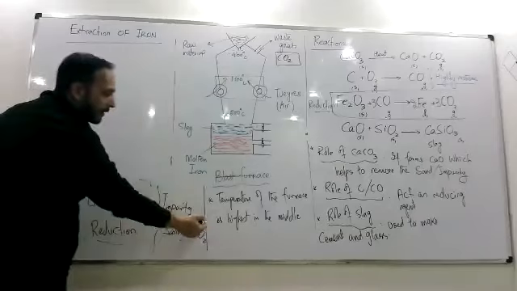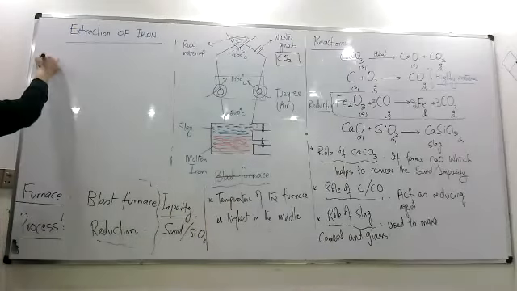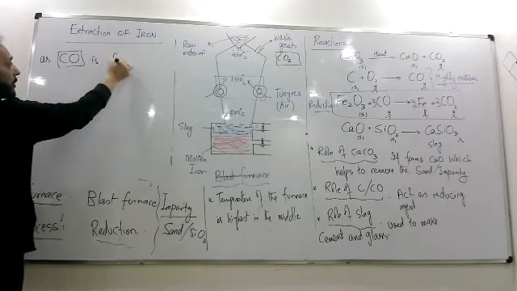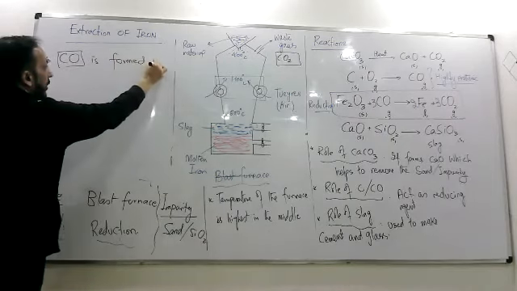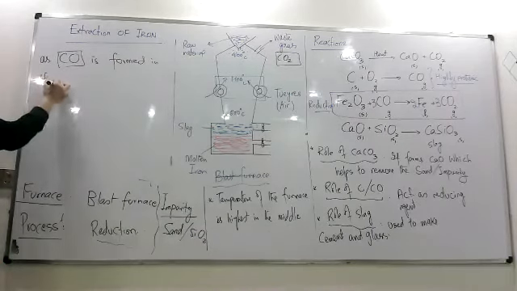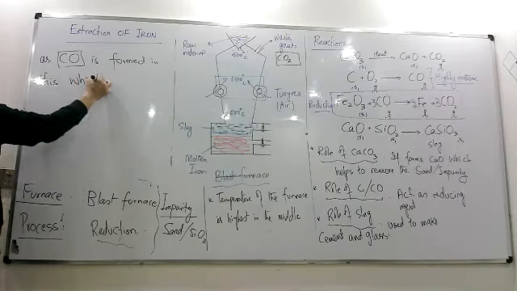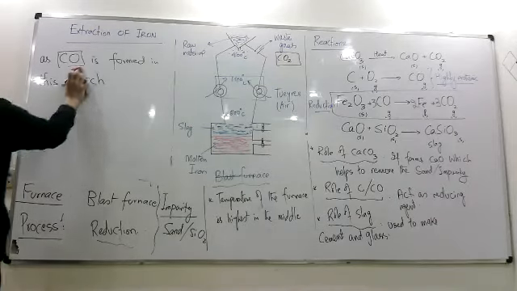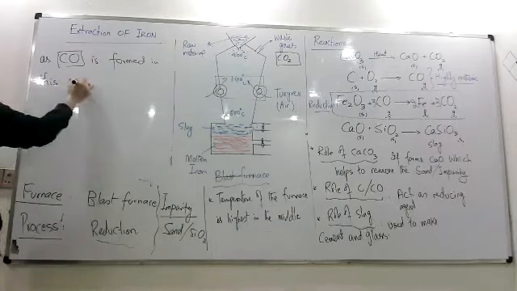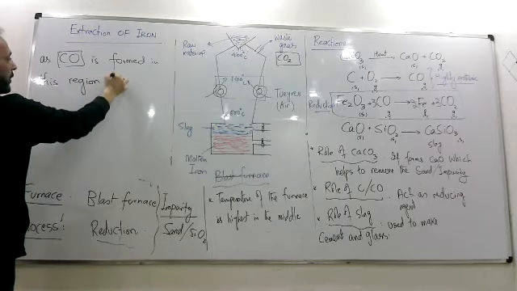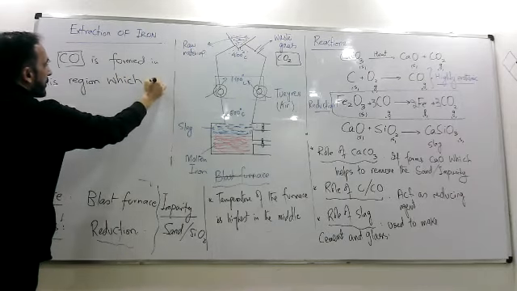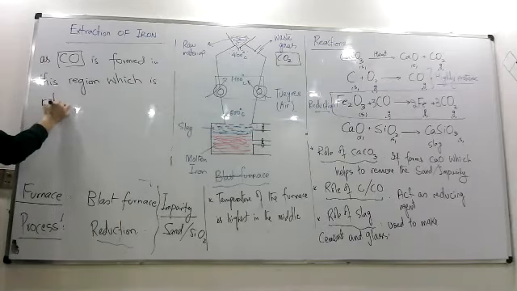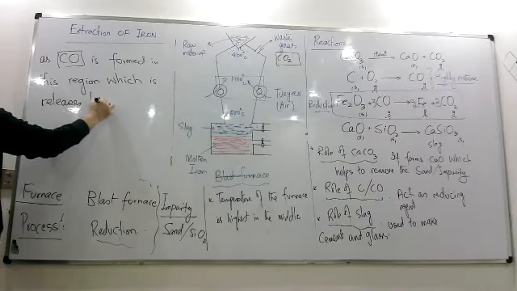So temperature of the furnace is highest in the middle as carbon monoxide is formed in this region, which releases a large amount of heat.